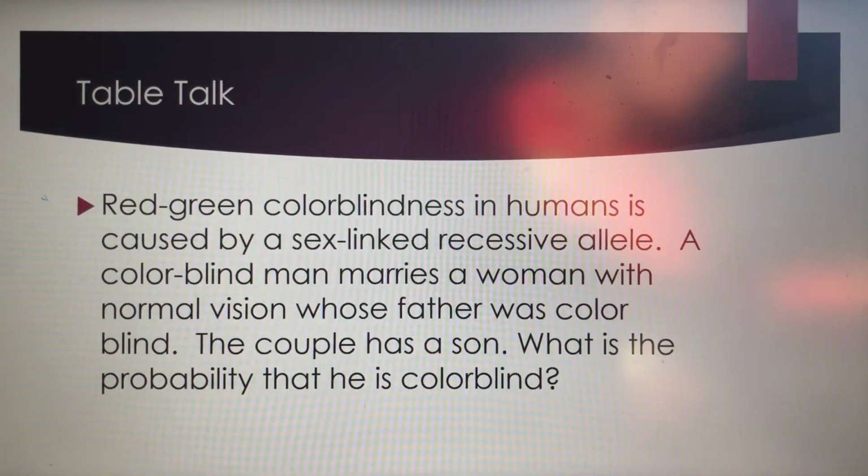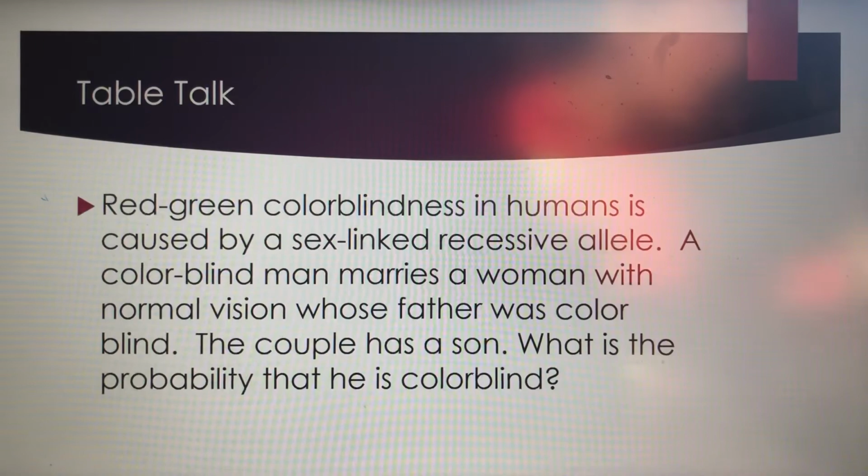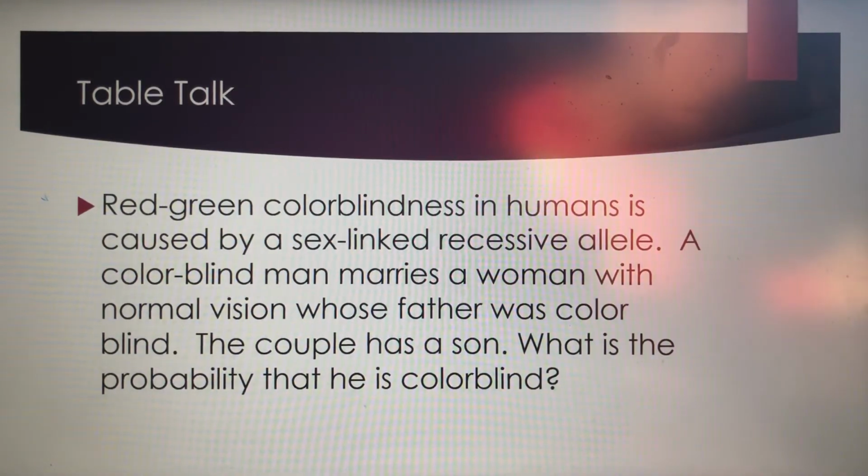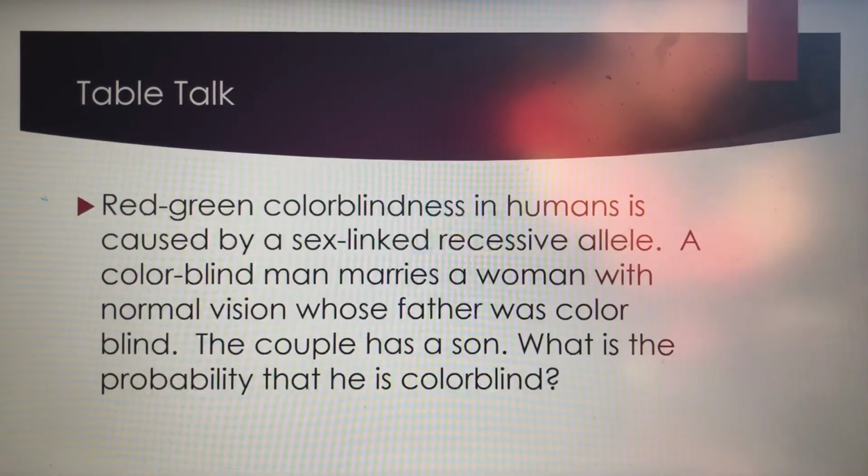This is one of those tricky worded AP questions. They want to know what is the probability that he is colorblind. Well, if we look at the son, so now we're reducing this to only looking at the son, right?